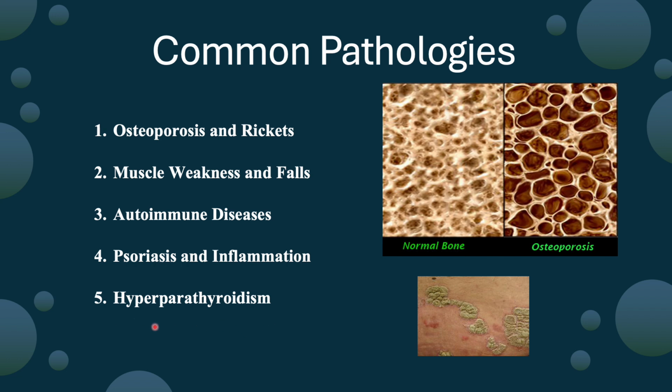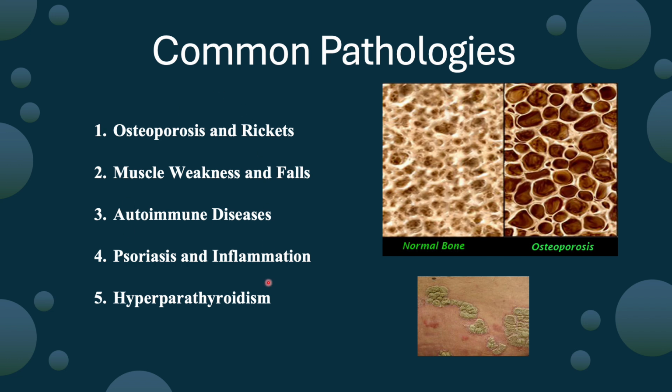So with hyperparathyroidism, if we can't maintain or regulate high enough vitamin D levels, our parathyroid glands are going to compensate by pumping out parathyroid hormone to try and elevate those blood calcium levels, because we can't do that through vitamin D. And so then that may lead to decreased bone mineral density, muscle weakness, and all of these.